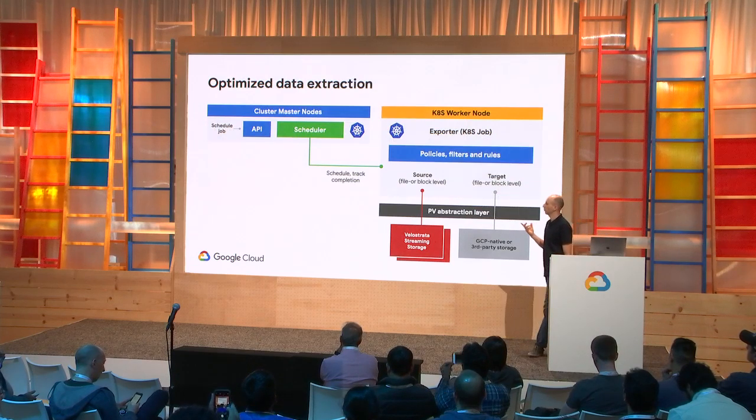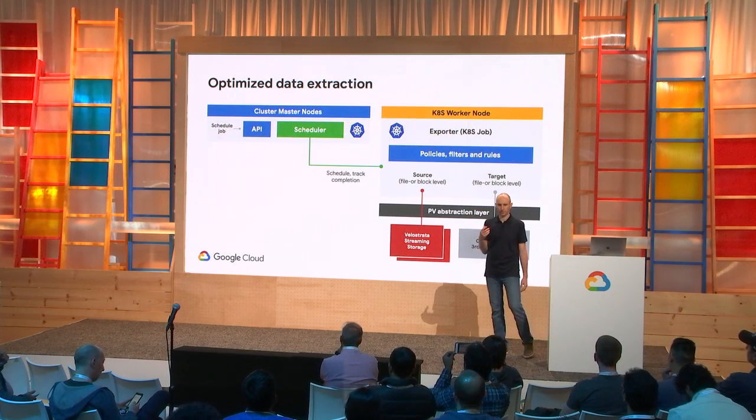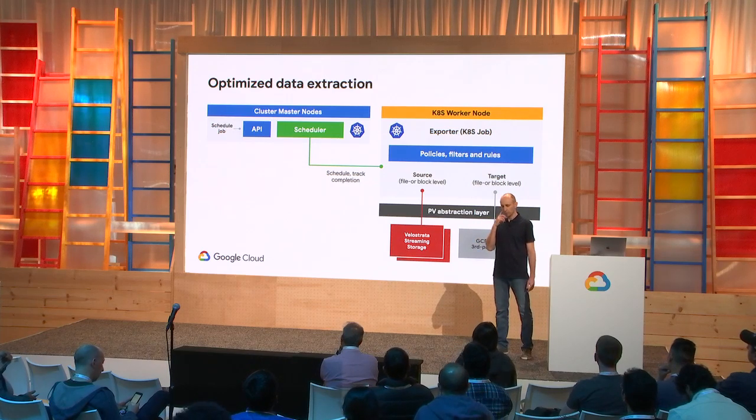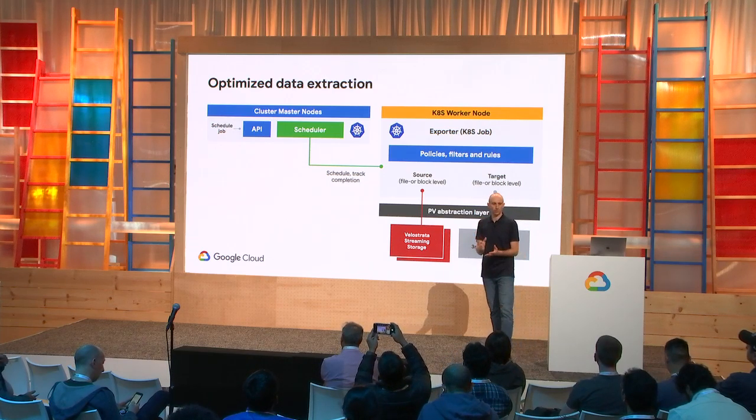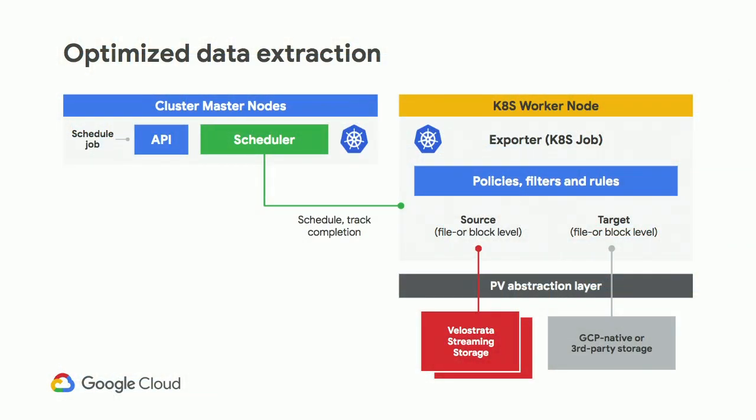And last, what you can also do with the storage, and this is something that we're also providing, is what we call optimized data extraction, or selective data extraction. So we provide a job in the Kubernetes cluster, again, fully managed by Kubernetes, fully abstracted by Kubernetes abstraction, that can take your streaming storage and extract part of the files, so part of the data that you want.